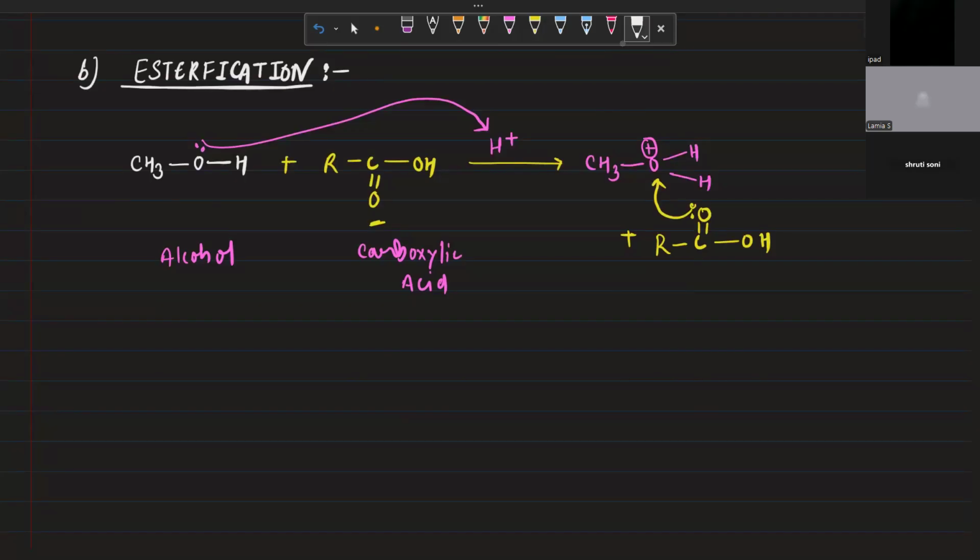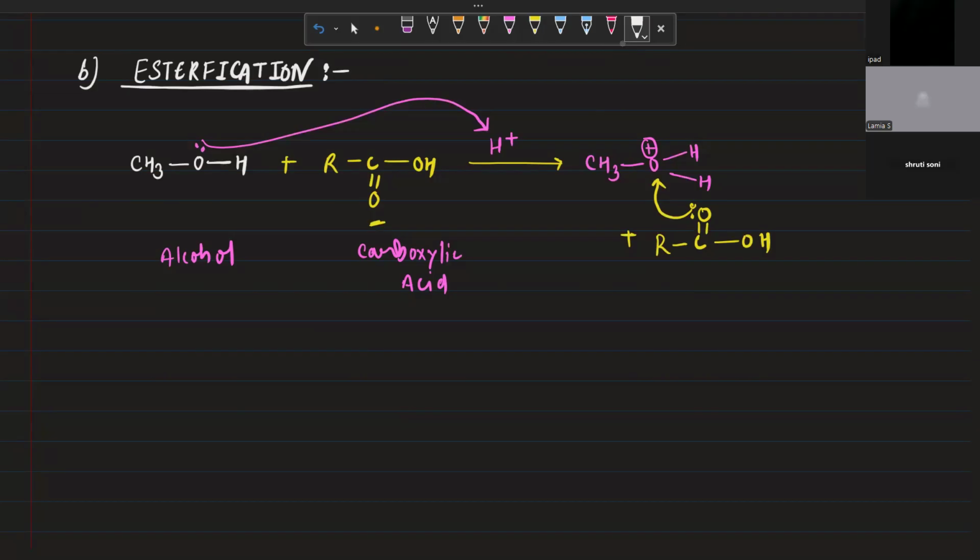We need to form it from alcohol and carboxylic acid, the two reactants in this whole reaction. There are two possibilities to complete this esterification process: the first is in acidic medium, and the other is in basic medium. So we are starting with the acidic medium part.